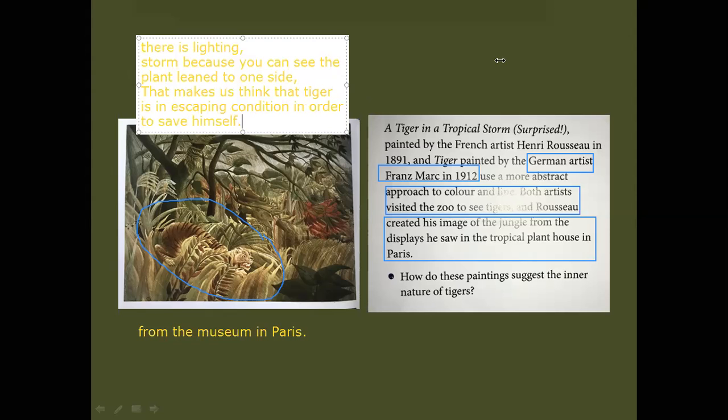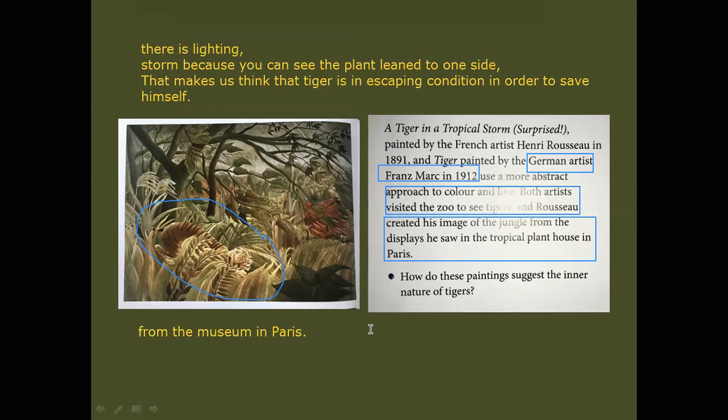Yes. So now think of it: how do these paintings suggest the inner nature of tigers? For example, this one, and what else?